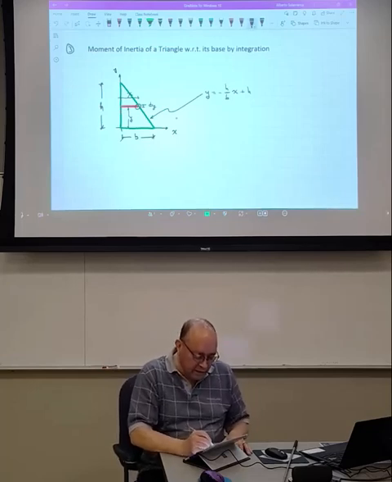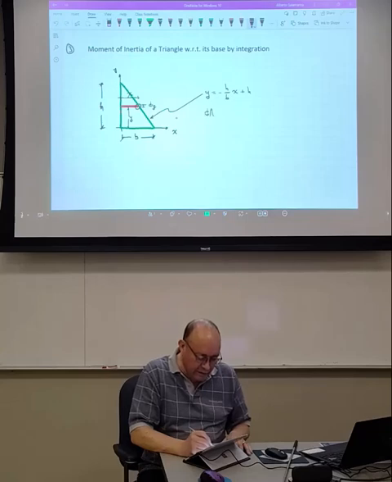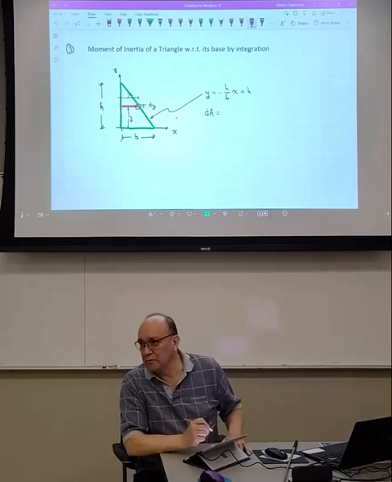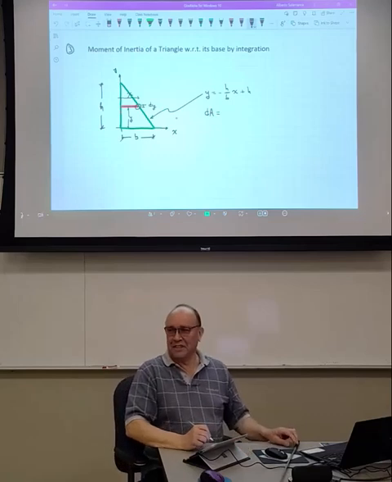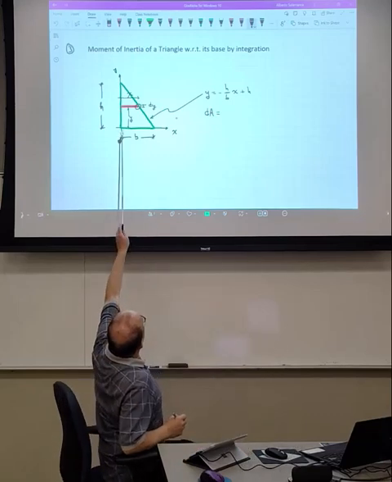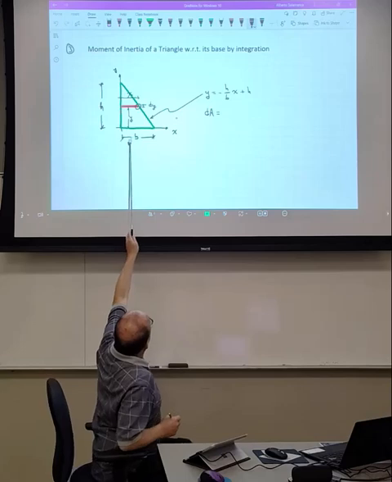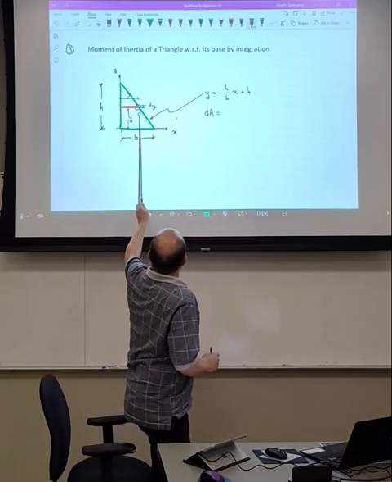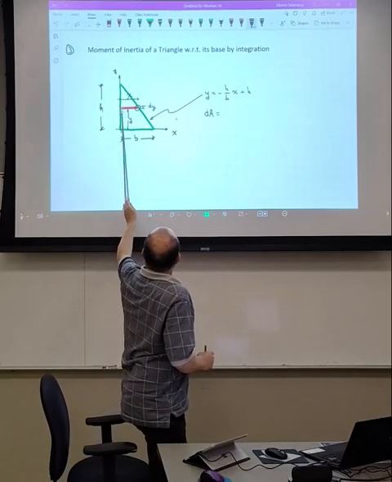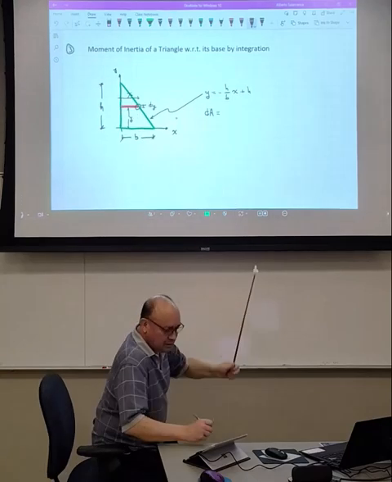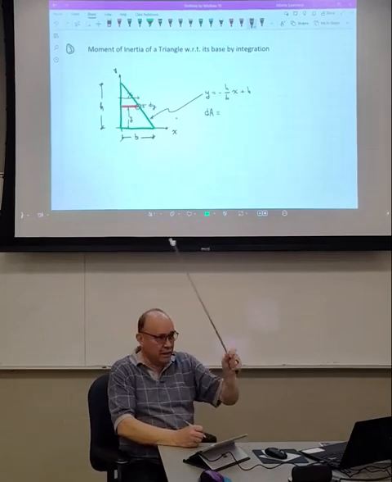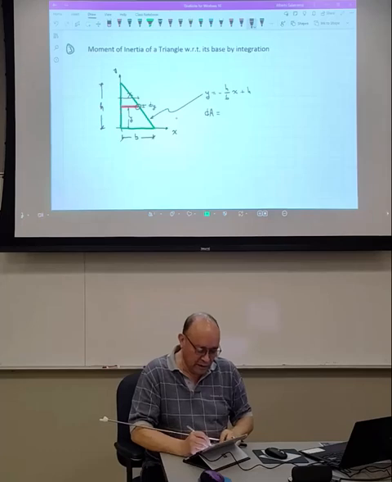So what is the area of the differential of area? What is the area of the red rectangle? This times this, right? x dy. That will be the area of the little red rectangle, x dy.